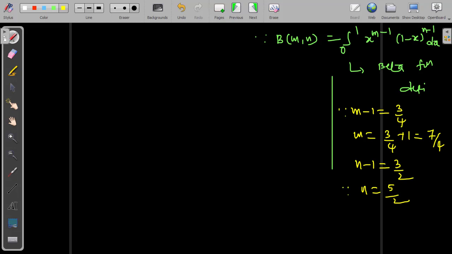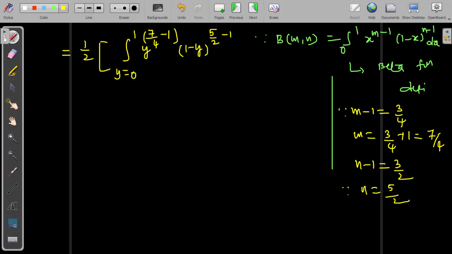Now the next step is half times integral y from 0 to 1. So this y power 3 by 4 you can write like y power 7 by 4 minus 1. If you subtract 1 from 7 by 4, you will get 3 by 4, times (1 minus y) whole power, again subtracting 1 from 5 by 2, you will get 3 by 2, dy.